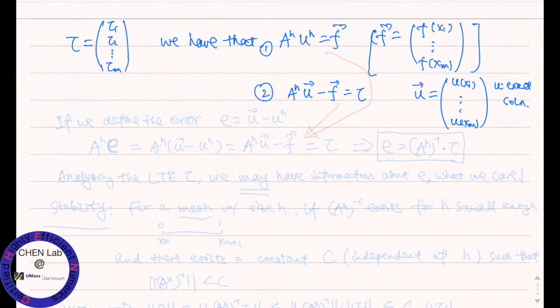So from these two equations, we know that if we define E to be U minus U_H, that's the difference between the exact solution and the approximate solution.